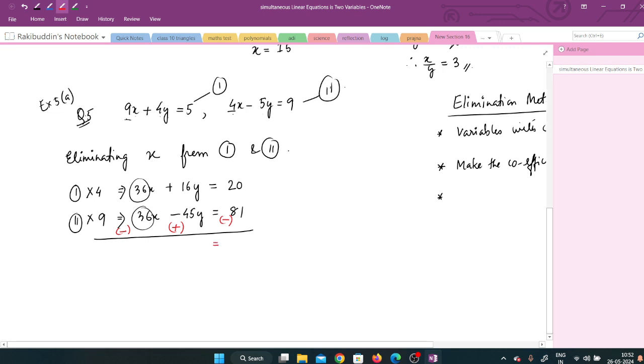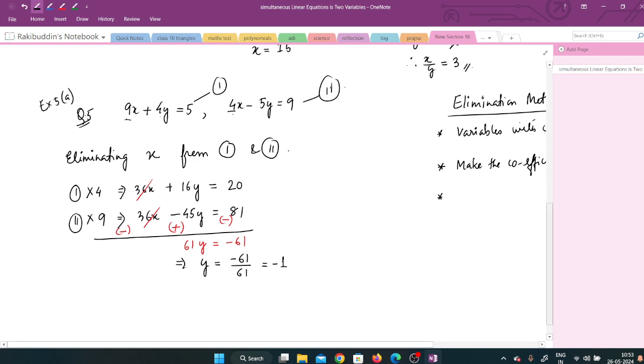Now 20 minus 81 is minus 61. 36x minus 36x gets cancelled, and 16 plus 45, since 45 is no longer negative, is 61y. So y equals minus 61 by 61, which is equal to negative 1.